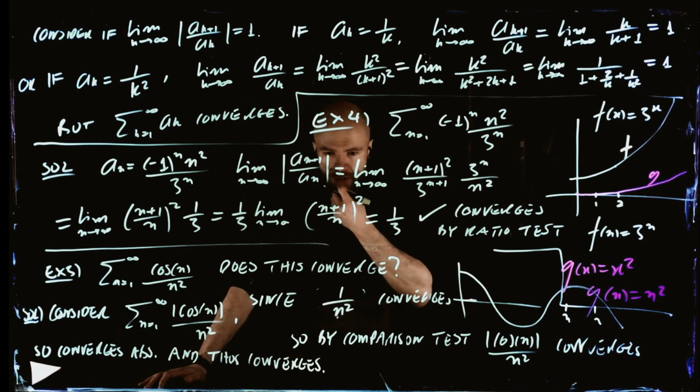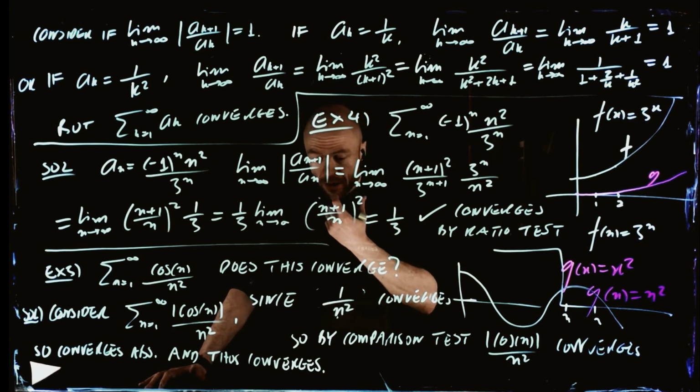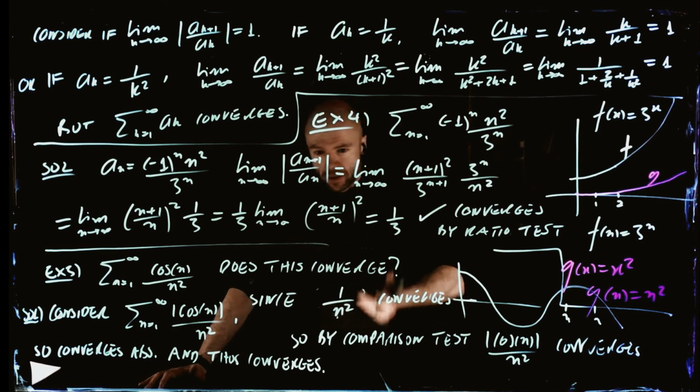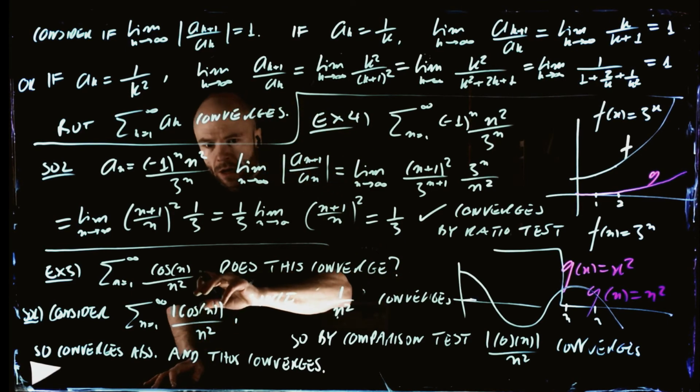So sometimes to prove something converges, it's actually easier to prove the stronger thing that it converges absolutely, because taking the absolute value signs just makes it amenable to the other things that we know, like the comparison test or some other tool. And this is actually a kind of classic example of that.